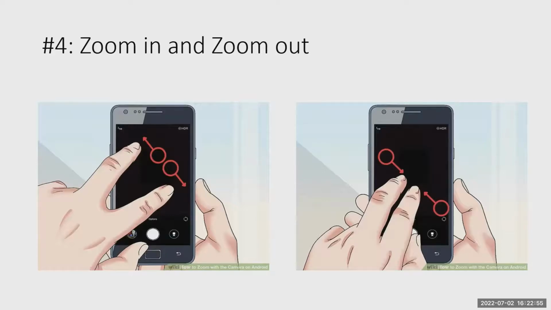But in a normal situation where you're just photographing people or flowers or other kinds of subjects, it's always better to move closer and take the picture instead of zooming in with your camera. Because as I said, most cameras only have a digital zoom. They don't have an optical zoom. So I don't recommend zooming in unless the situation really calls for it.